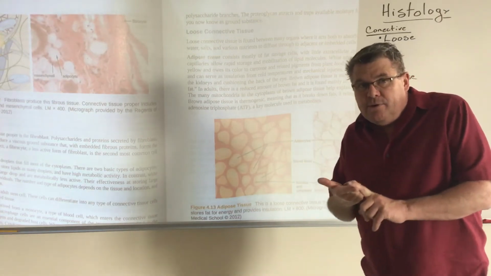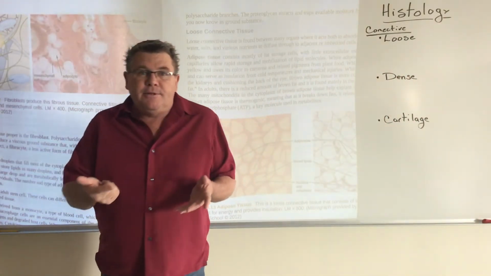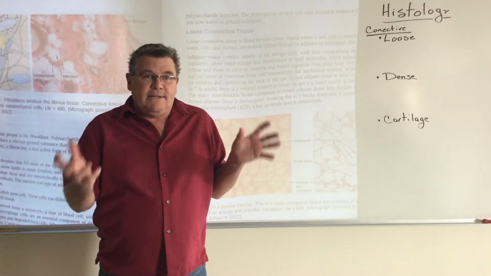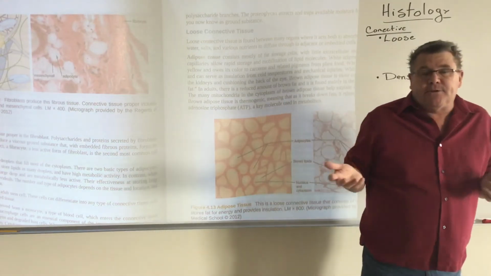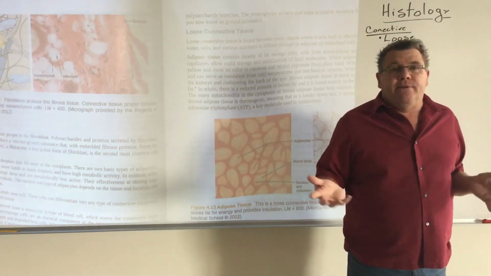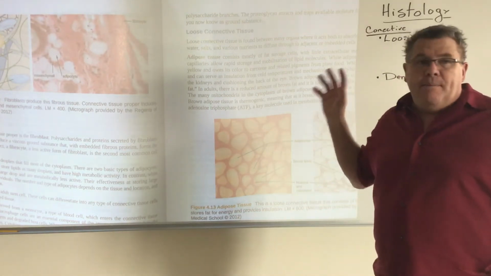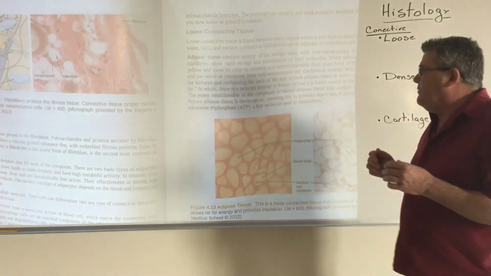We went through, and this is going to be important for Monday, some of the fibers and some of the biochemistry, what holds water, what makes it strong, what makes it bendy. Do we have a lot of cells? Do we have a lot of extracellular matrix? There are all these variables. We spent a lot of time going through epithelial, and we looked at not just their shape, but what are their functions?